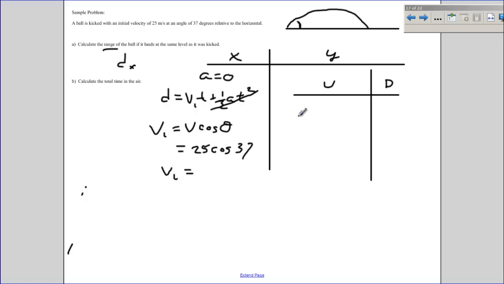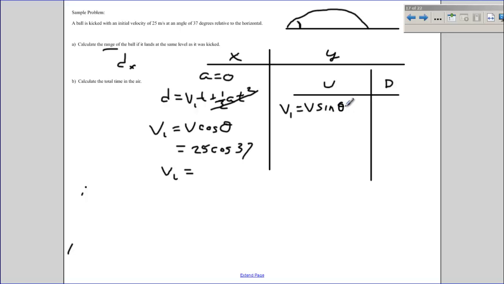And again, this is very similar to what you did a couple thousand times last year. When I'm doing the problem as an up, well, again, I have to get my initial velocity. So my initial velocity is going to be my given v, my 37. But now I'm going to be using the sine function, because now I'm looking for the y component of that. This should make sense if you think back to the unit circle that you did in pre-calc, I think.